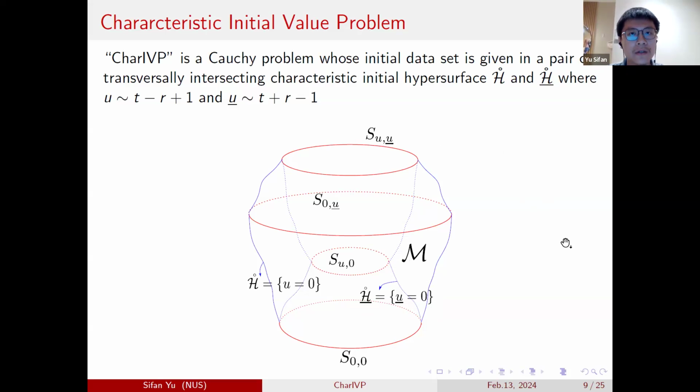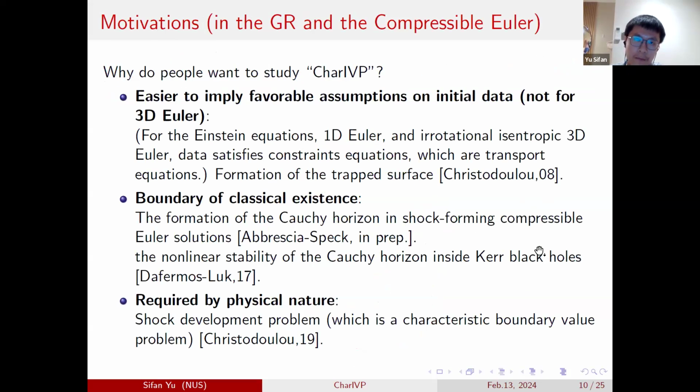Now, before I dive into the details of how I set up and solve the problem, I want to tell you why I want to study the characteristic initial value problem. The first reason, seen in Einstein equations and 1D Euler but unfortunately not for 3D Euler, is that sometimes it's easier to impose favorable assumptions on initial data.